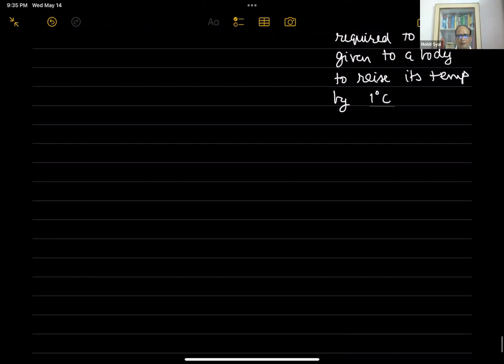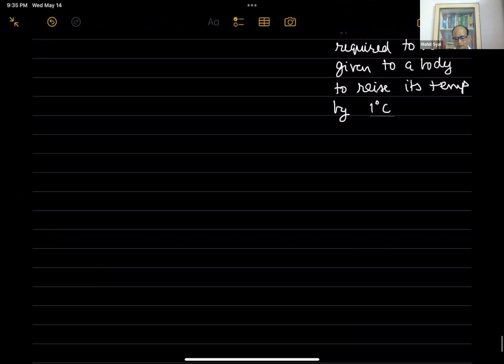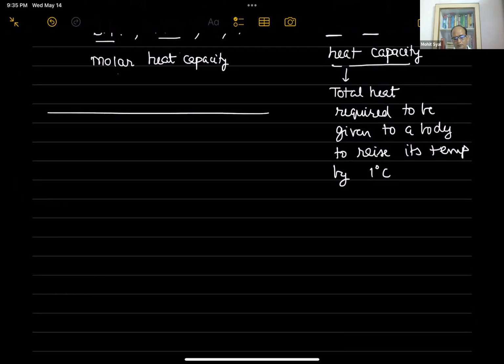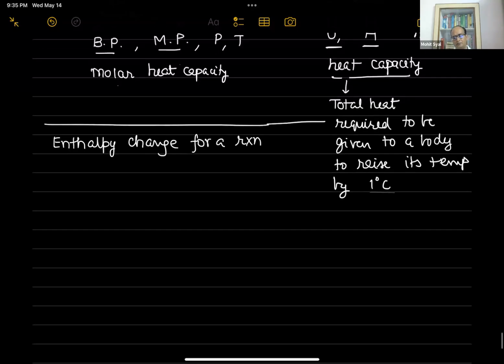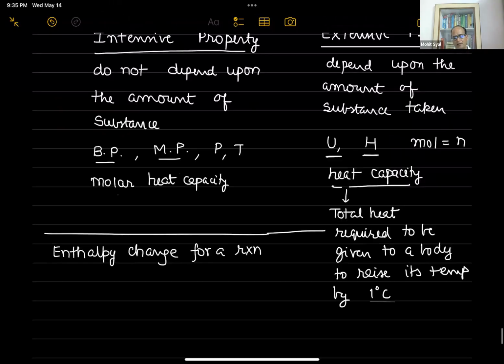So, enthalpy change for a reaction. Just now we have discussed this.